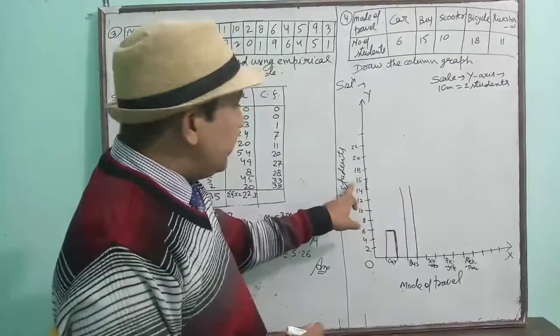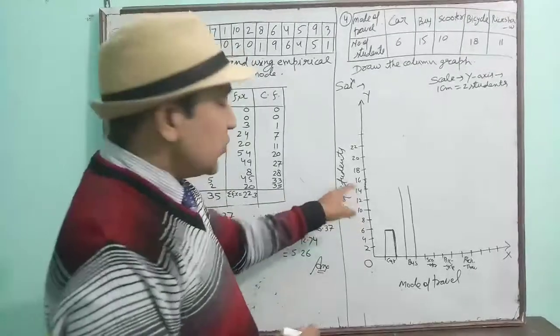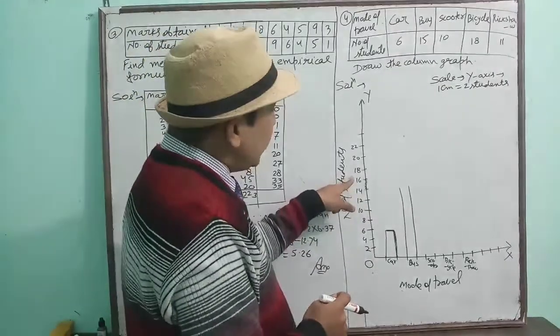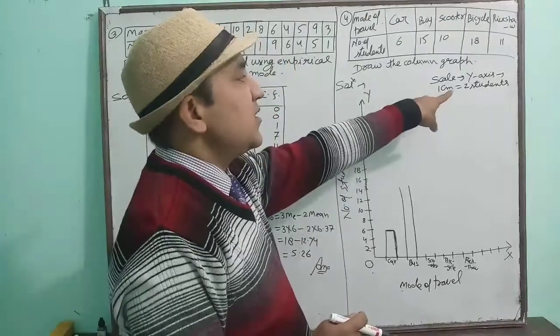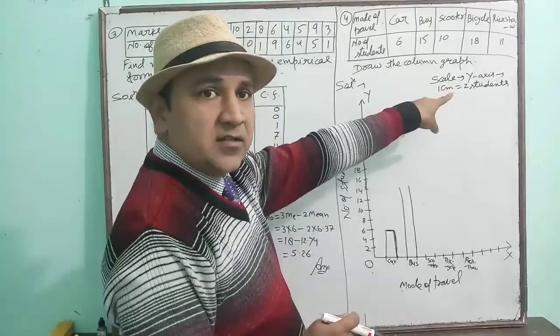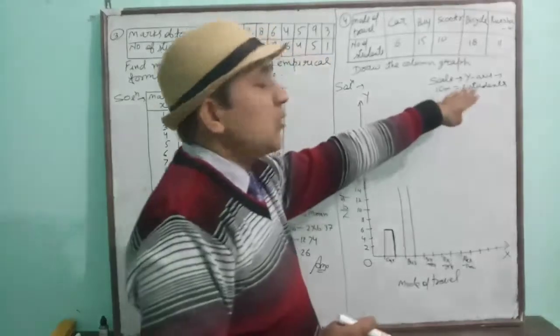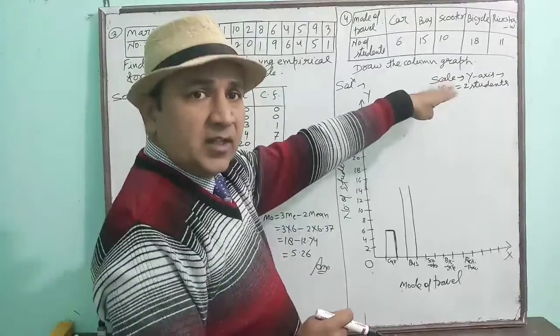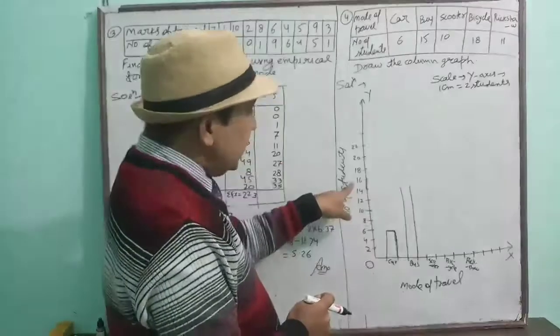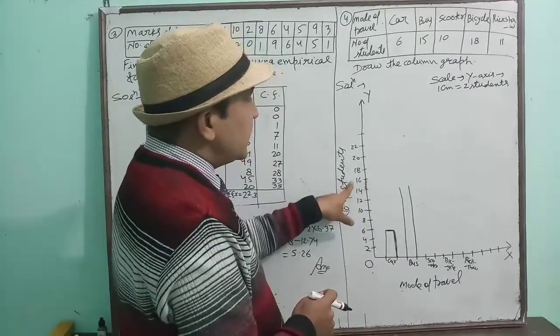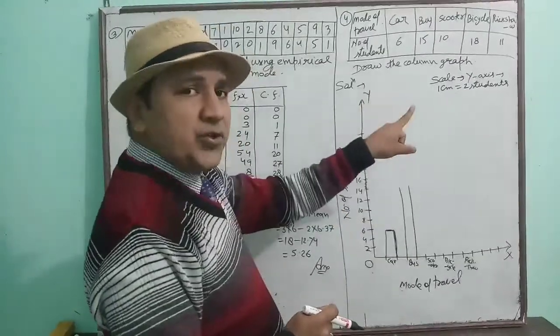So you have to find where will be the 15. Since after 14 there is 16, 2 is the gap which you have taken. 1 centimeter is equal to 2 students. That means 0.5 is equal to 1 student. That is the method also by which you can calculate. Otherwise, you can see there are 10 boxes which are representing 2 students.